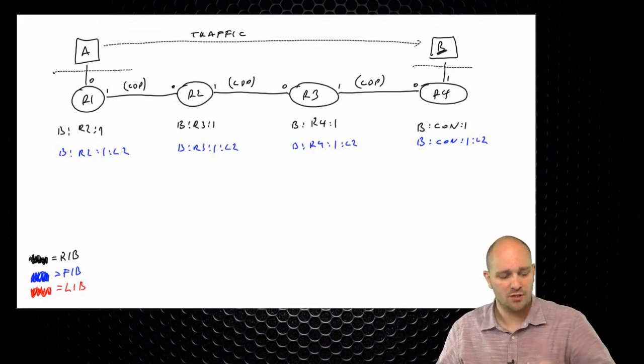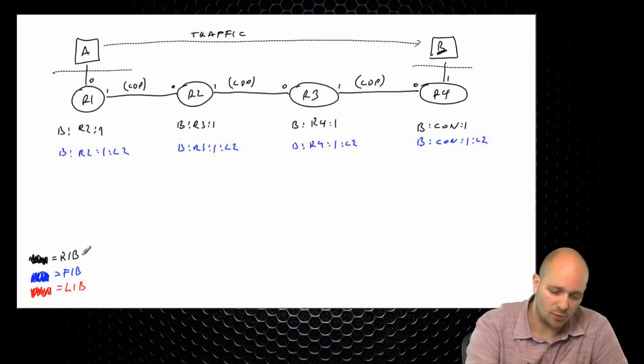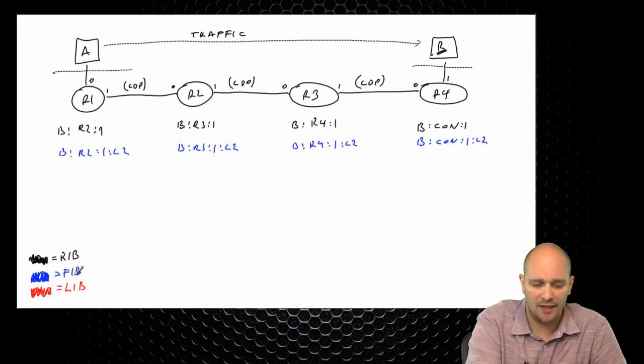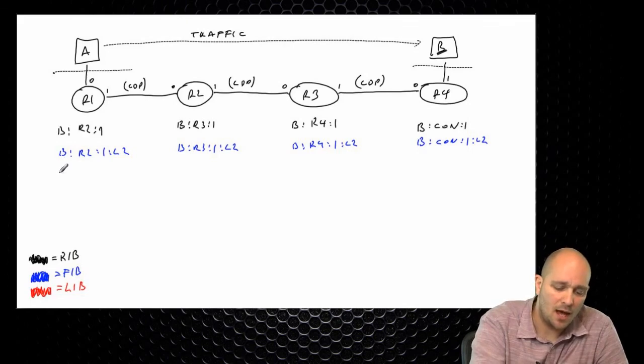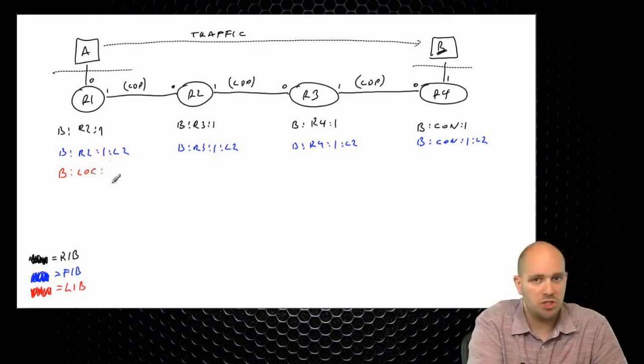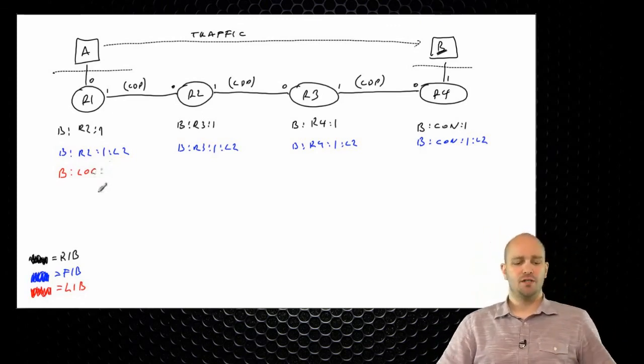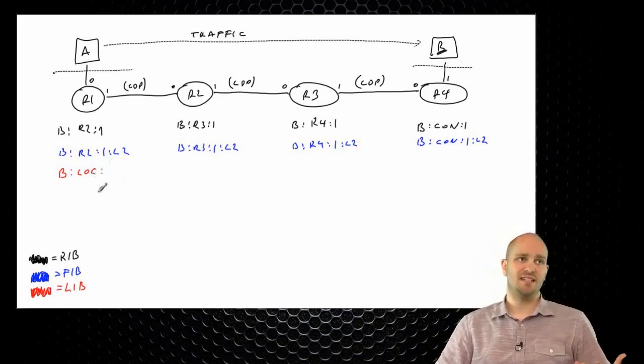What R1 is going to do is go through its routing table, and based on its routing table, it's going to build the local LIB. It's going to say, okay, I have route B. This is the local label, and the local label is going to be just some number. By default in IOS, the pool starts from 17.